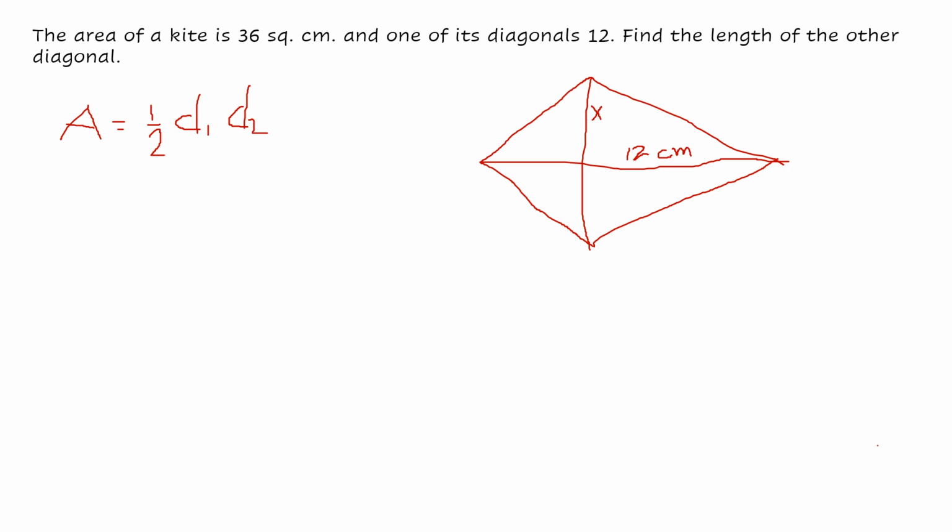And since the area is 36 square centimeters from the given here, let's substitute A with 36 equals 1/2 of diagonal 1. Let's just say that the diagonal 1 here is 12. So 12 times the diagonal 2, which is, let's say, x.